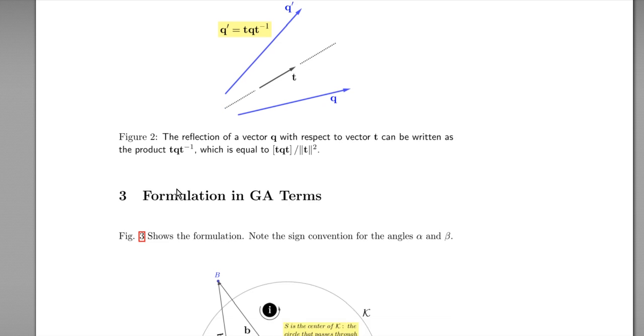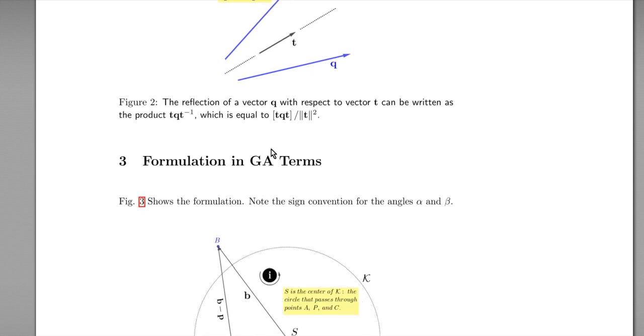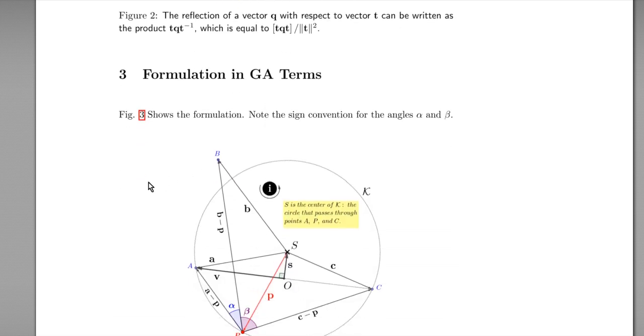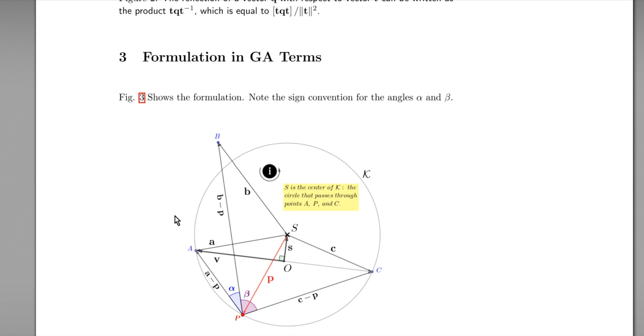Very simple. So first, the problem is formulated in geometric algebra terms. Now, what's kind of different here is that the first step will be to find the center of the circle that passes through the known points A and C, and the unknown P.